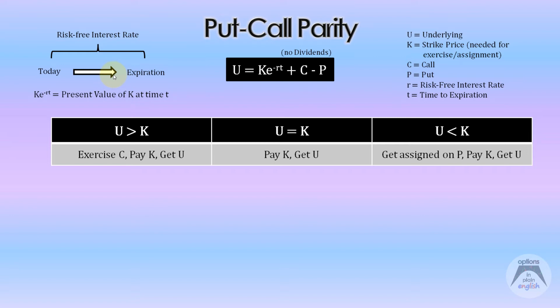Okay, so what have we learned so far? So far we've seen that the stock price is going to be equal to putting aside a little bit of money for the strike price, and then buying that call and then selling that put. In reality, of course, when you evaluate this, you don't actually have to put the money aside. If you want to simulate a stock, you can just buy the call and sell the put.